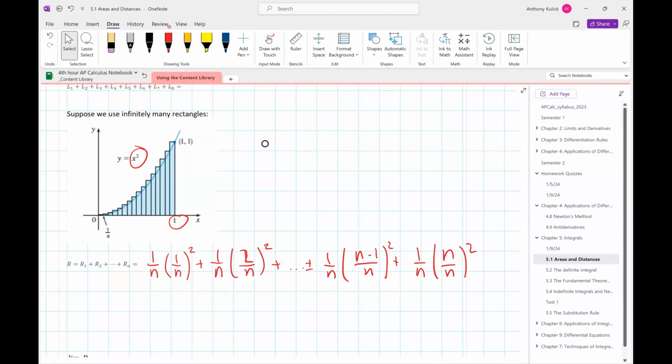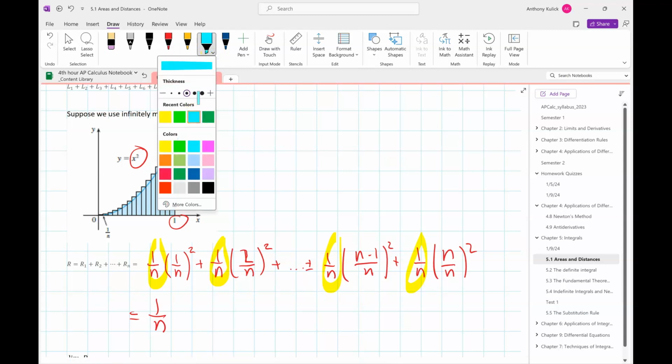It's just the second to last subdivision, right? There's n subdivisions, so the second to last one is n minus 1. The last one is n. If I look here, I notice that each of these terms has a factor of 1 over n. So I'm going to pull that out front.